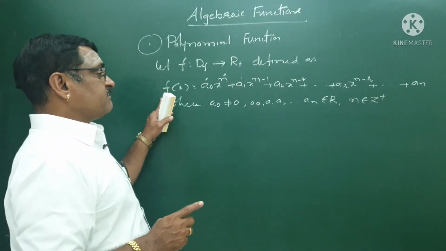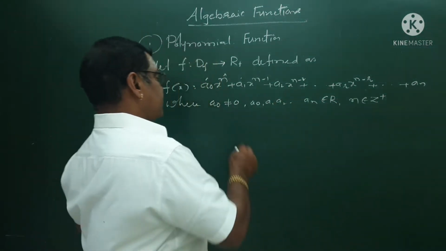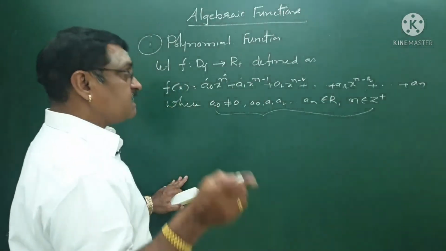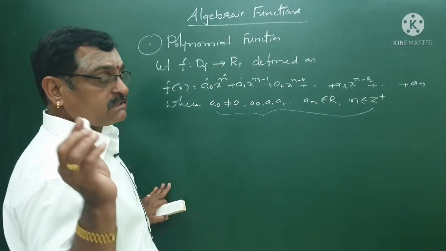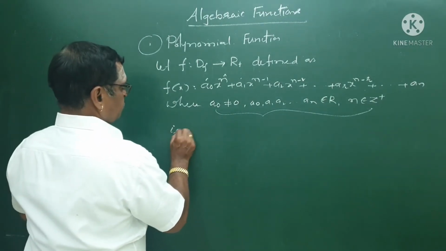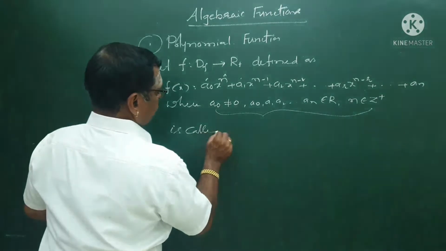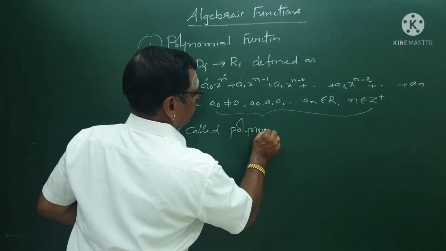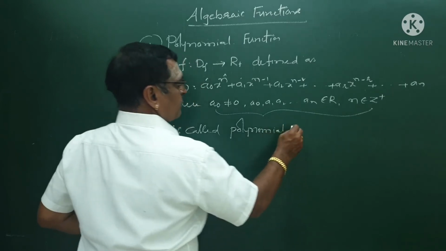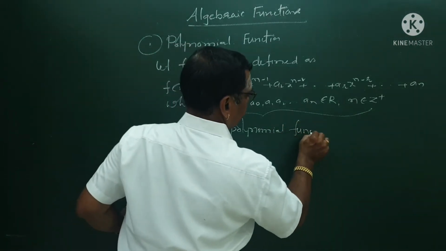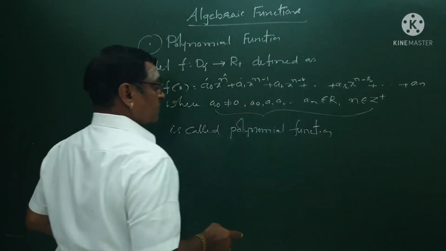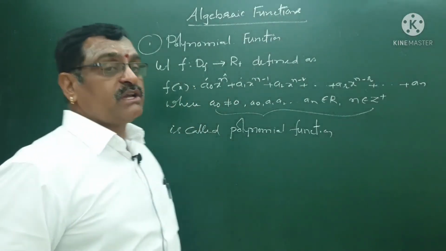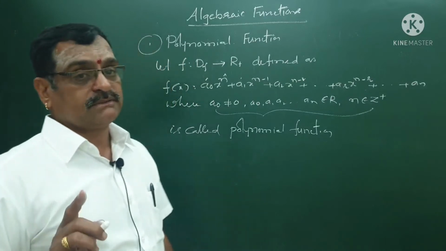For any function which is in this form and satisfies all these conditions, only then is that function called a polynomial function. Because the working rule is a polynomial, it's called polynomial function.